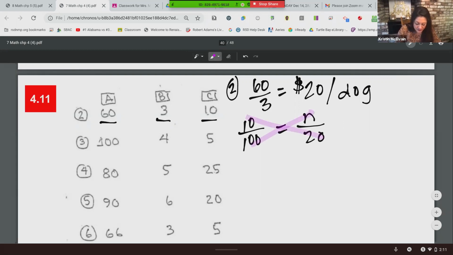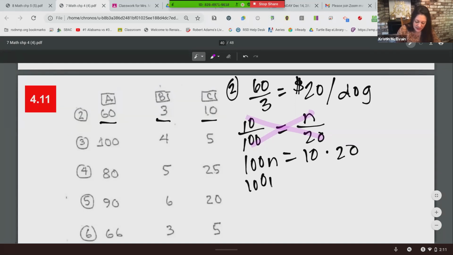So now 100n equals 10 times 20, which is 200, divided by 100. Look at that. So he gets a $2 raise.